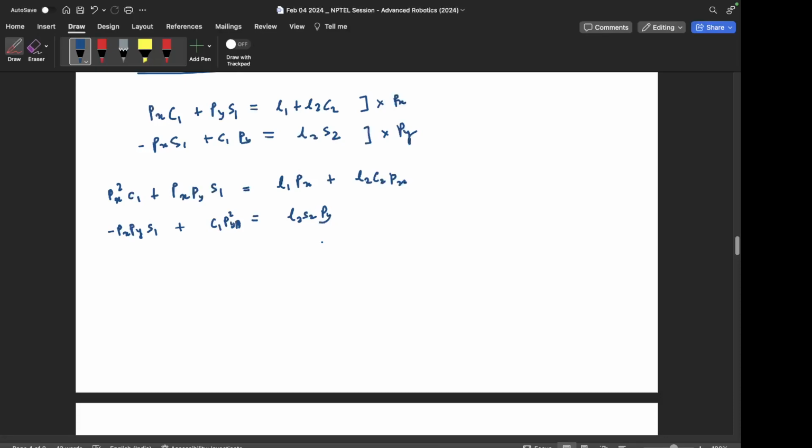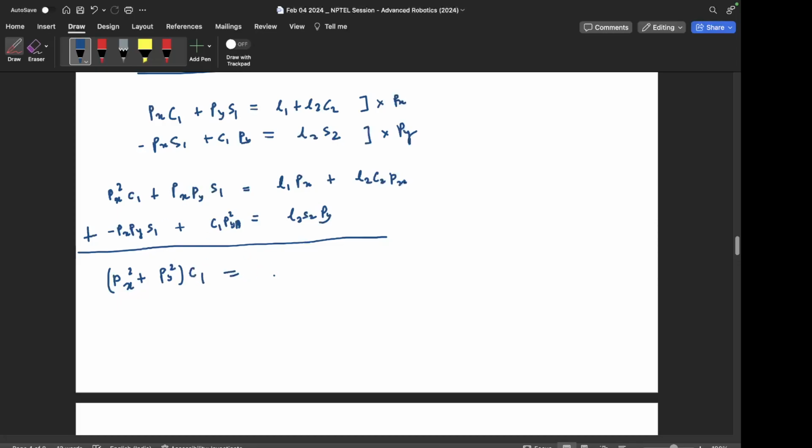Okay, now we add these two equations. So on the left hand side we have Px square plus Py square, and both have the common term cos theta 1, and these two terms get cancelled.